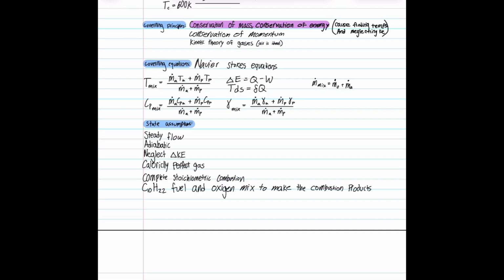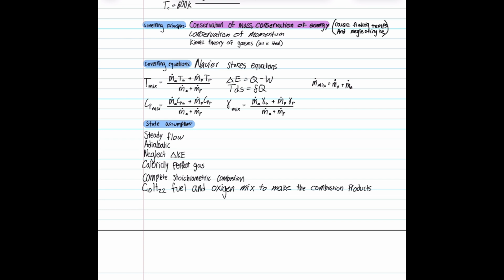And the assumptions that we need to make for this problem: steady flow. It's not one-dimensional because we're mixing fluids. Adiabatic, neglect kinetic energy changes, and calorically perfect. Those three were given in the problem statement. Complete stoichiometric combustion.